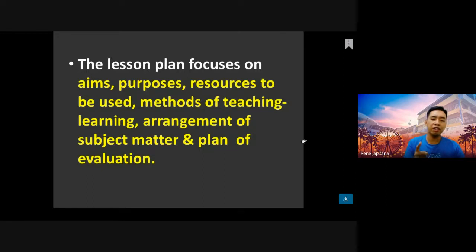Another thing that we can see in the lesson plan is your learning methods, or teaching and learning methods. Methods of teaching and learning, the arrangement of subject matter: from difficult to easy, easy to difficult, from whole to part, part to whole. So we have the deductive method and the inductive method.